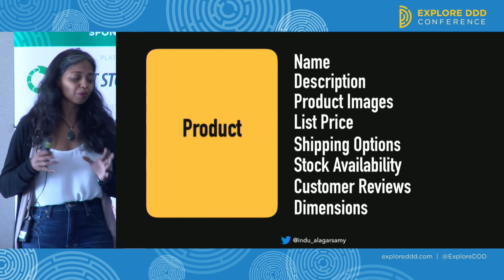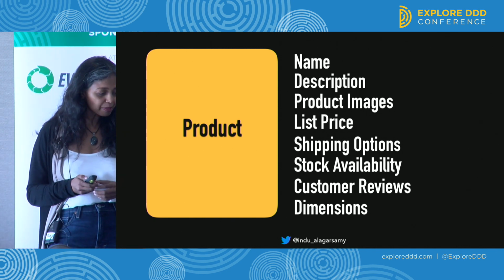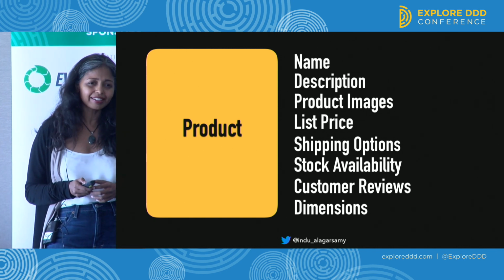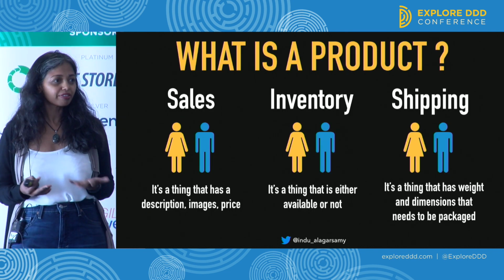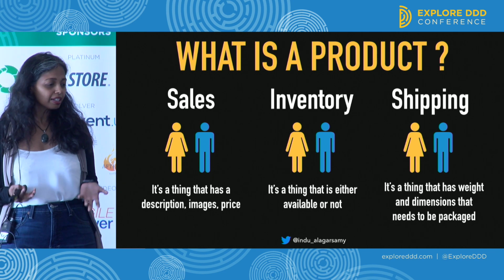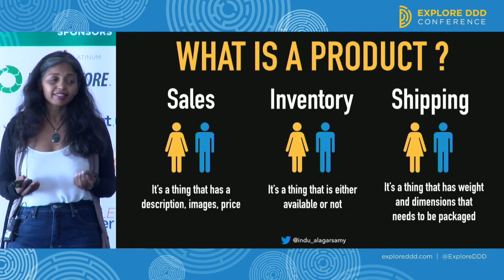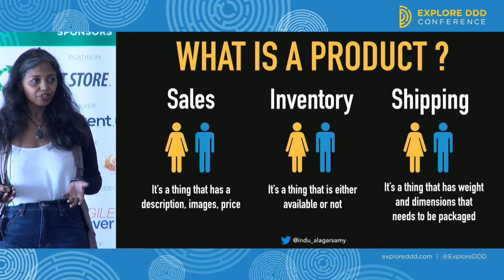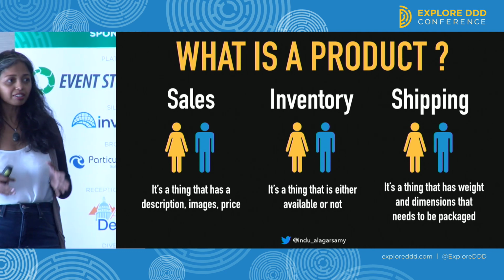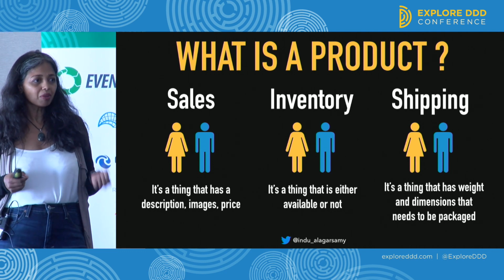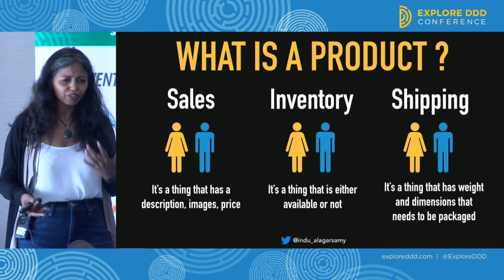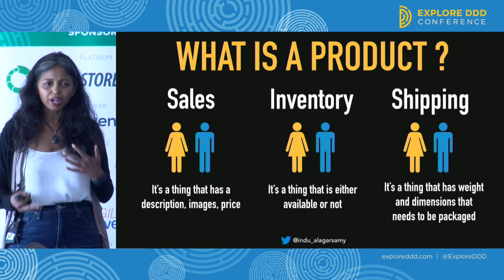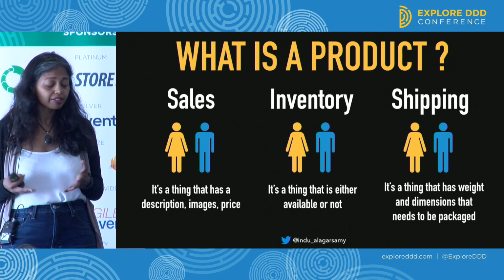So we tend to model these things, but what really is a product? Well, a product can mean different things to different people. For somebody working in sales, it's something that they're trying to sell. So when they refer to a product, they're more concerned about how marketable it is, whether they have good descriptions of it, and running campaigns and so on.